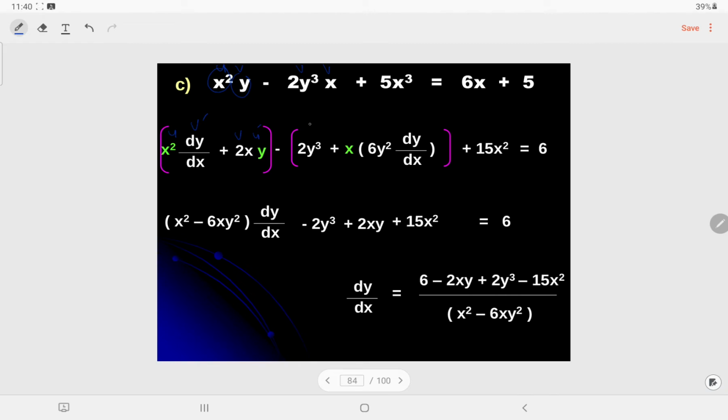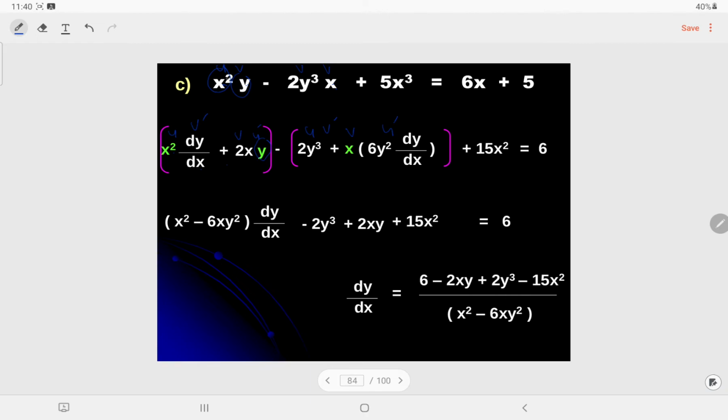Here, v prime is equal to 1 because dx over dx is 1, and then u prime. Here u is x squared, v prime is the derivative of y with respect to x, so dy over dx, plus v, which is y.